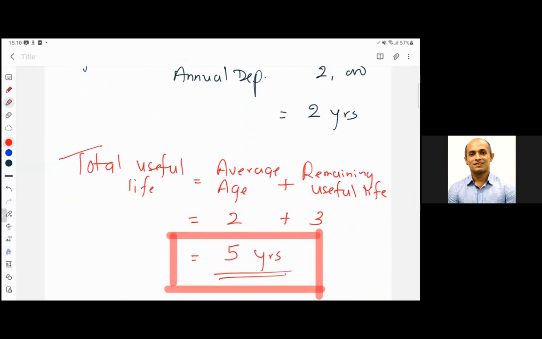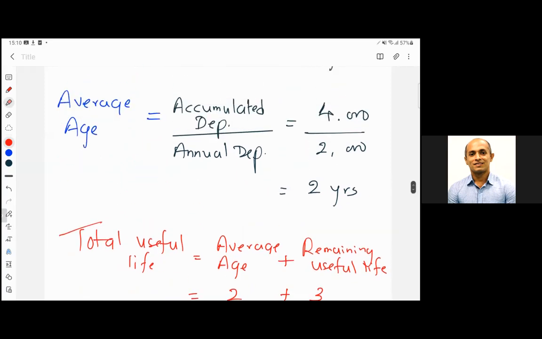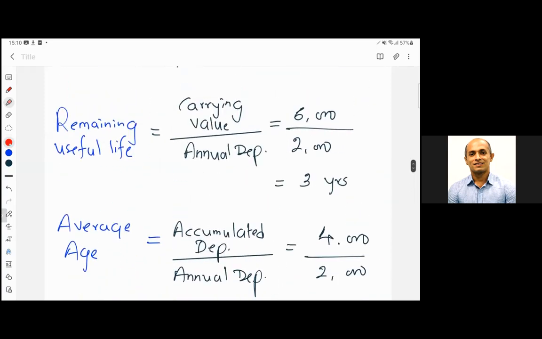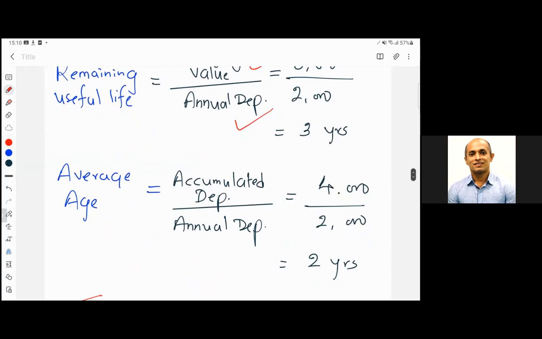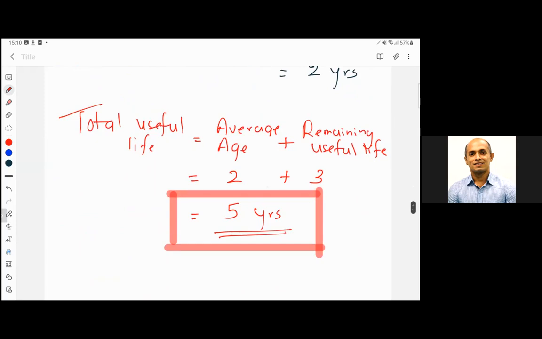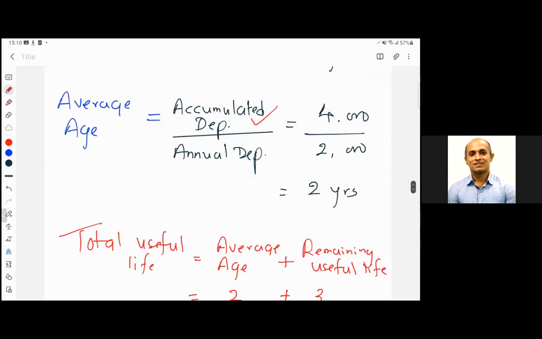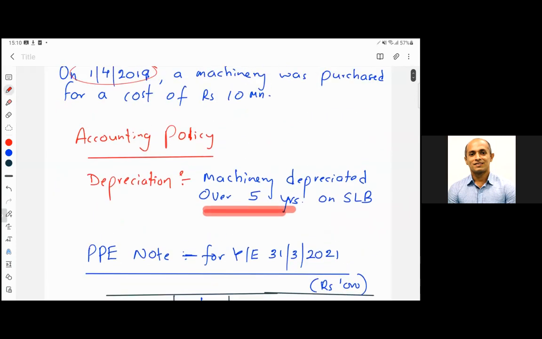So by looking at the carrying value, the annual depreciation and the accumulated depreciation, you found the total useful life of machinery is 5 years. You can compare this with the company's depreciation policy.